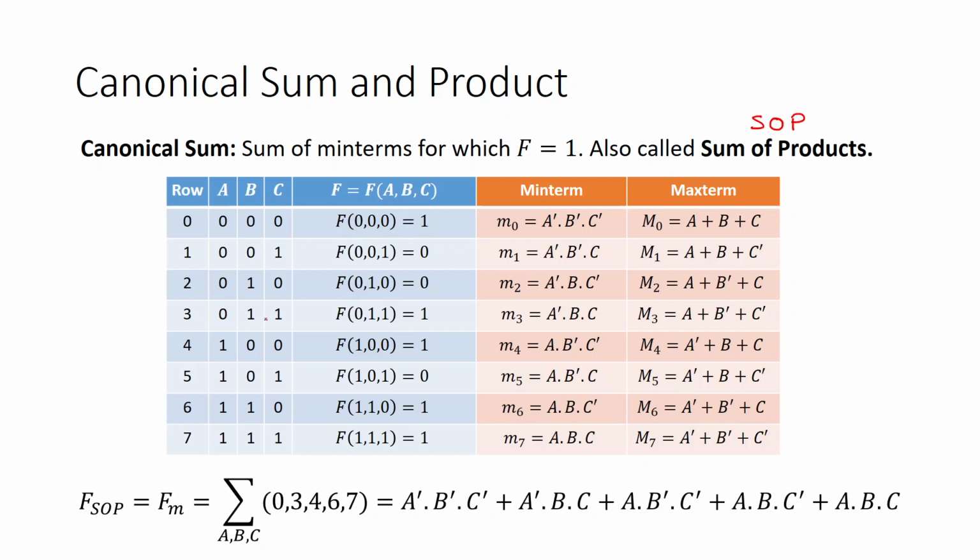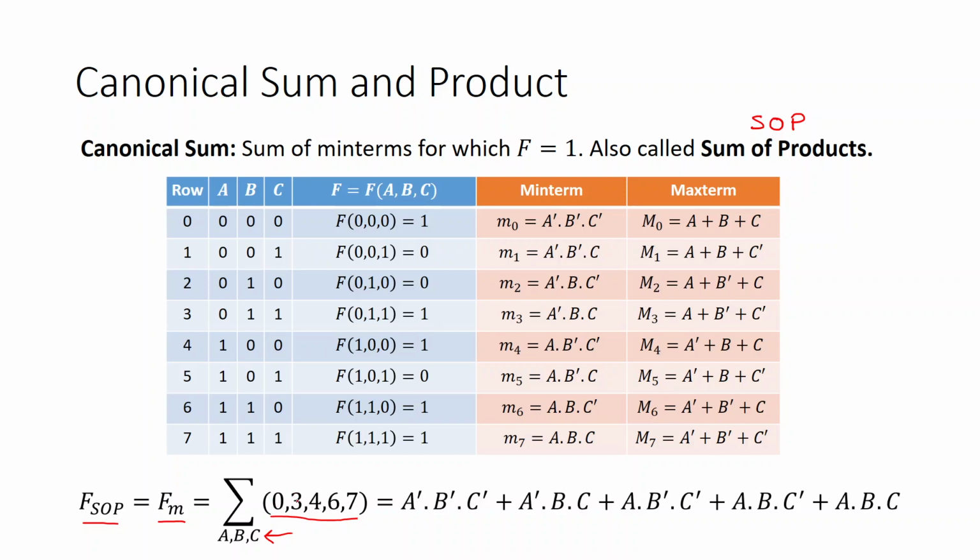Now you see here F SOP, also written as f small m, that means the expression of the min terms summed together, also written as summation m of a, b, c, where a, b, c denote the number of variables, and these are the positions where the output is 1. The output is 1 at the input sequence whose numerical value is 0.